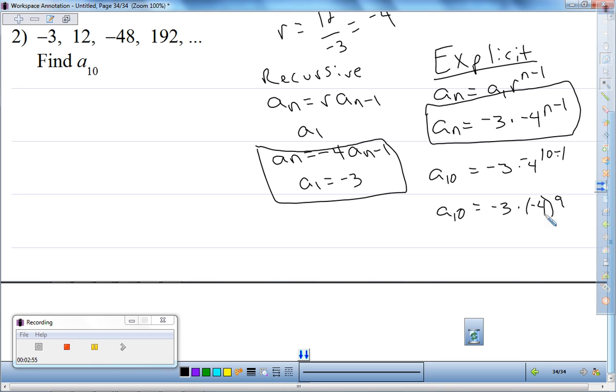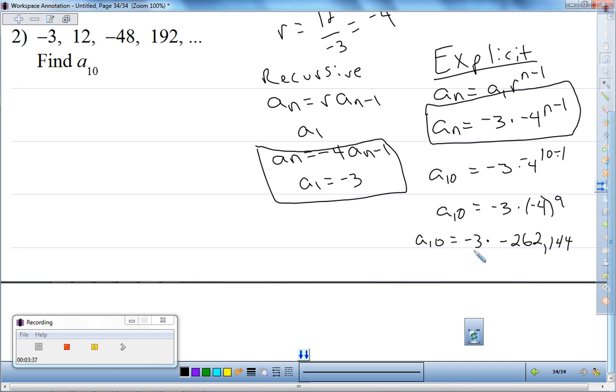So negative 4 to the 9th power should give us negative 262,144. Now, when you're doing these in class, you can go ahead and put all this in the calculator, come up with the answer. You don't have to go through the steps. And then we're going to multiply that by negative 3 to get our 10th term. So we're going to end up with a positive number here.